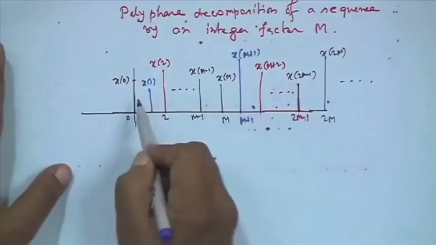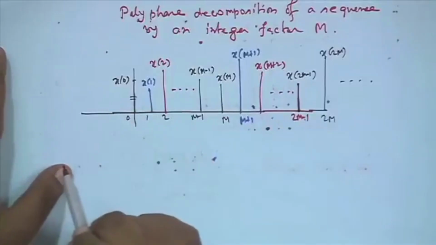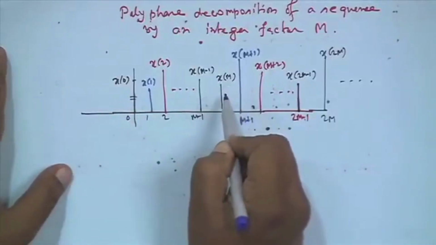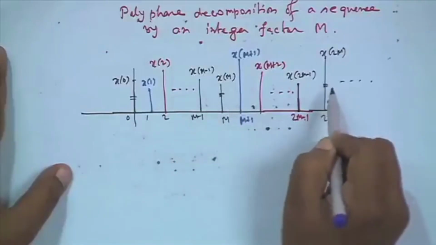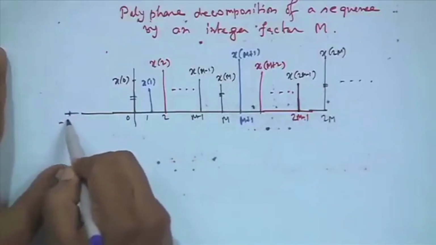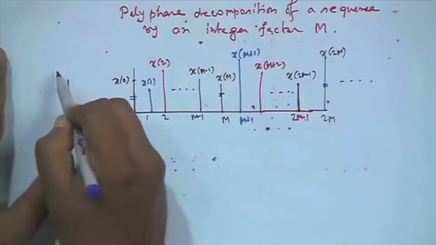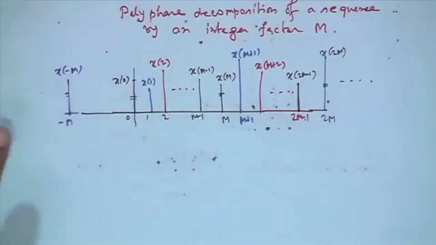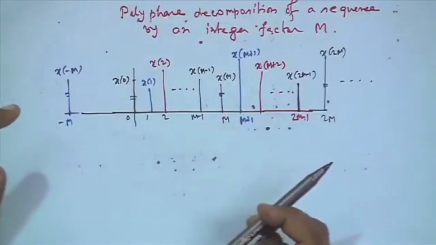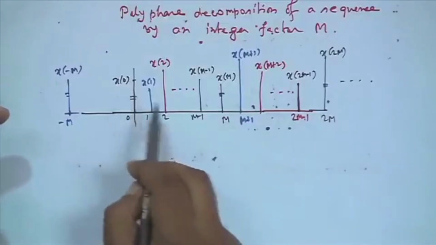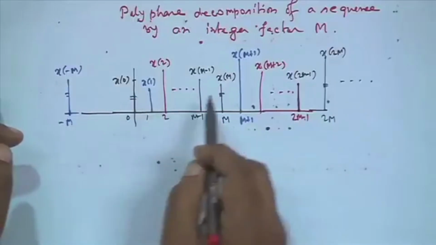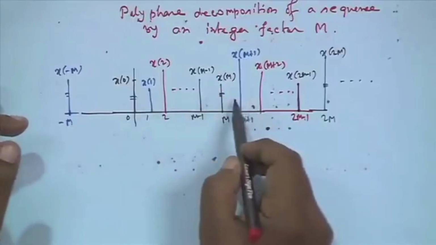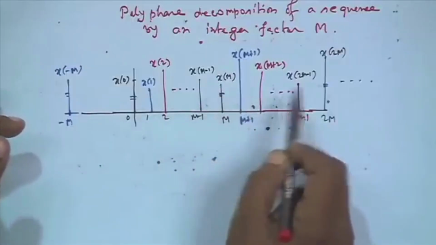Now, suppose I pick up the 0th sample, then mth, 2mth, minus mth, all that. That is, I decimate it by a factor m. So, 0th sample, then throw away the next m minus 1 samples, take the next one, mth, then again forget the intermediate m minus 1 samples, take the 2mth, like that.